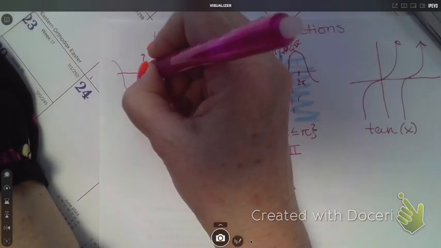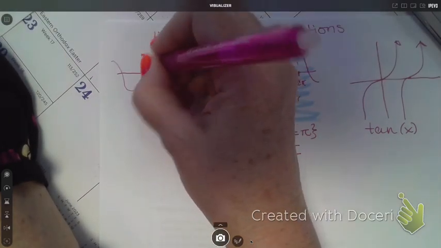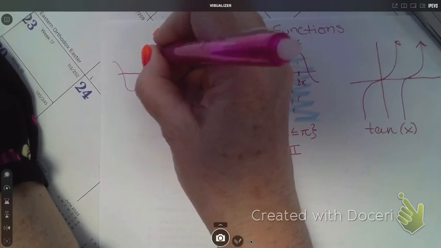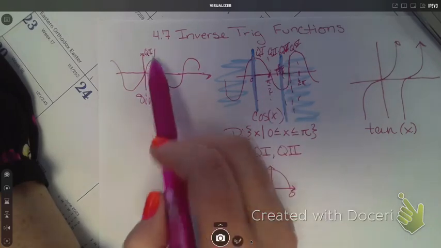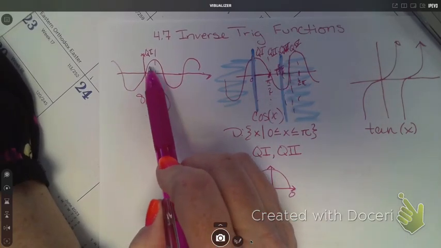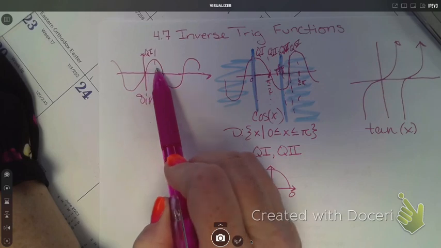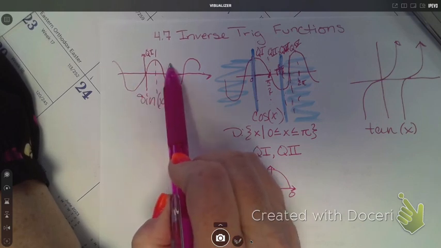So quadrant 1 is right here. With cosine, I did quadrant 1 and quadrant 2. What's wrong with doing quadrant 1 and quadrant 2 for sine? There's not one negative in there. And does quadrant 1 and 2 fail the horizontal line test? Yes. So I can't go forward.